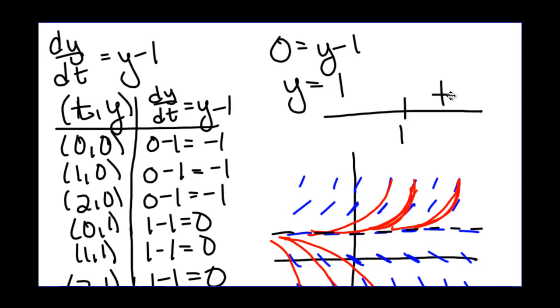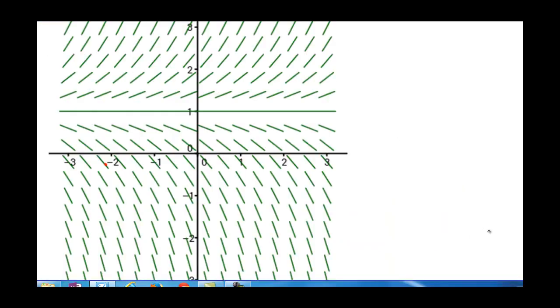And if y was 0, we'd have 0 minus 1, which is negative. Looking at the direction field, we can see that above the line y equals 1, all of our solutions have a positive slope. However, below the line y equals 1, all of our solutions have a negative slope.